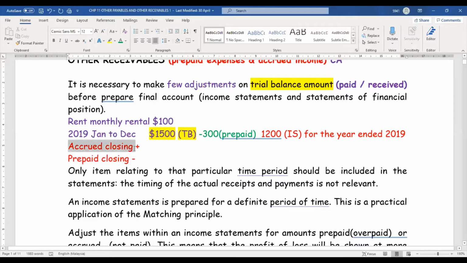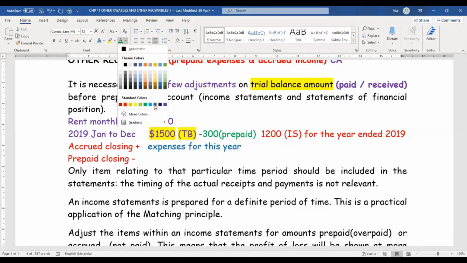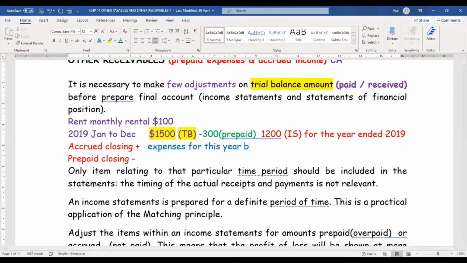Accrued closing, we plus. Why do we plus? Because that particular expense is for this year, but we haven't recorded it. Why haven't we recorded it?